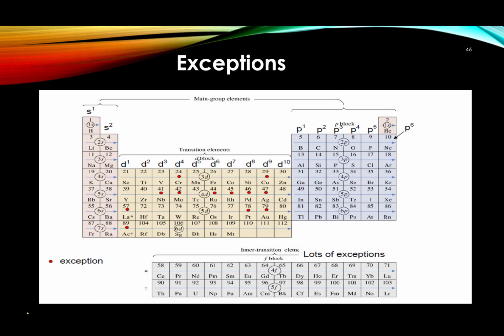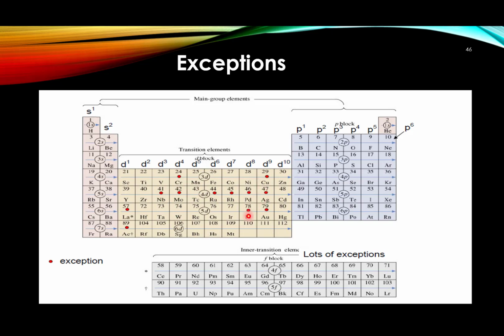Then chemistry is not chemistry without exceptions. You see these dots do not follow the same pattern when we are writing the electronic configuration. They do not follow the same pattern, so these are the exceptions to the rule. And it's only these transition metals that you need to know are the exceptions.